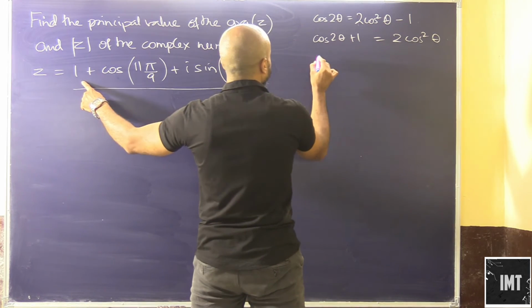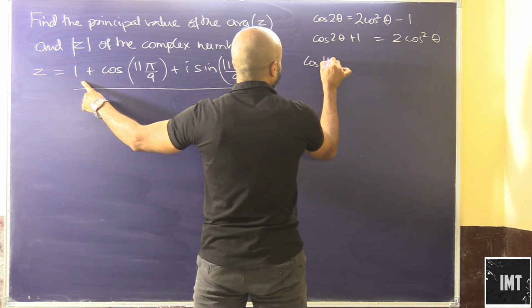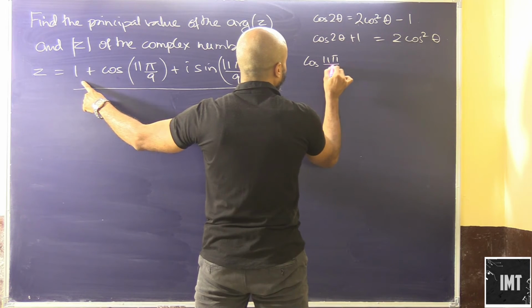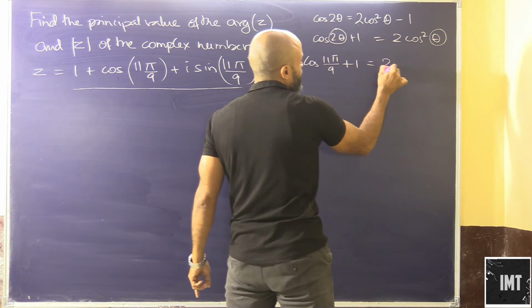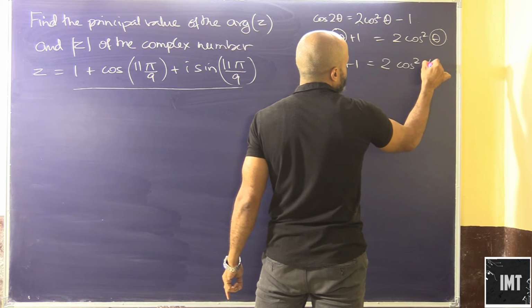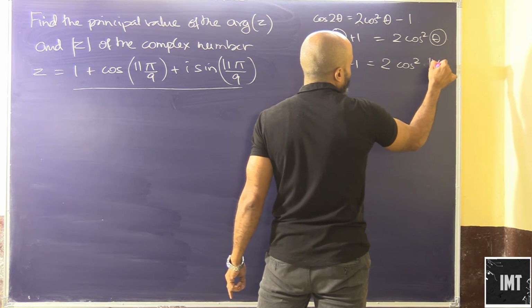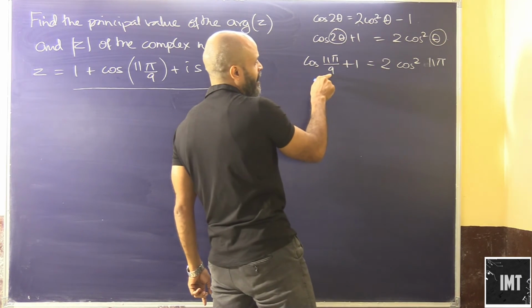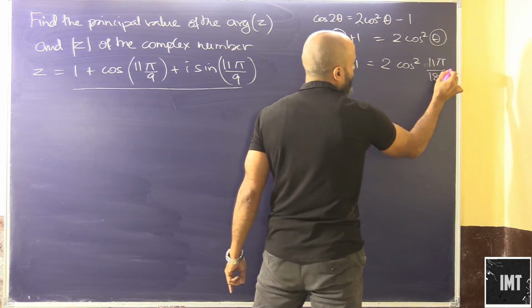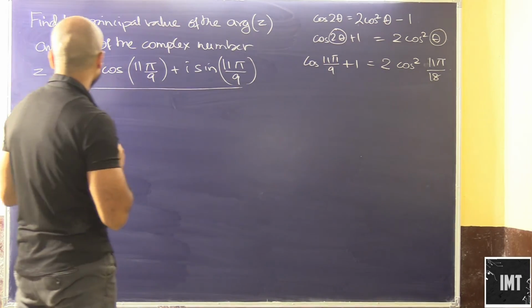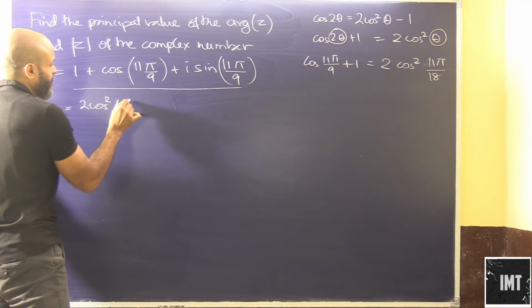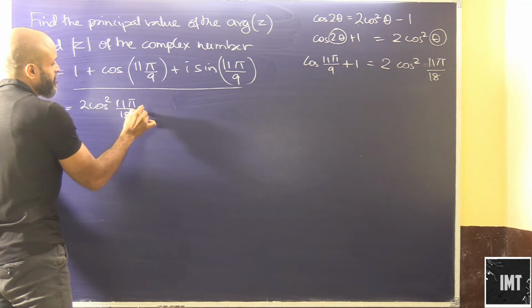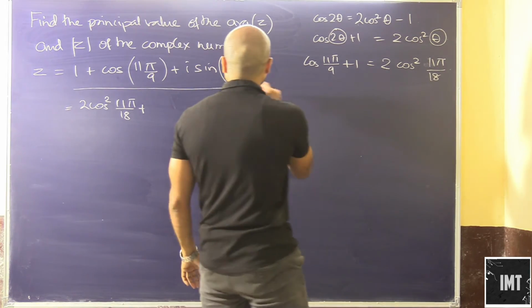So if I write cos 11 pi by 9 plus 1, 2 theta becomes theta here, so this can be written as 2 cos square of half of 11 pi by 9, which will be 11 pi by 18.